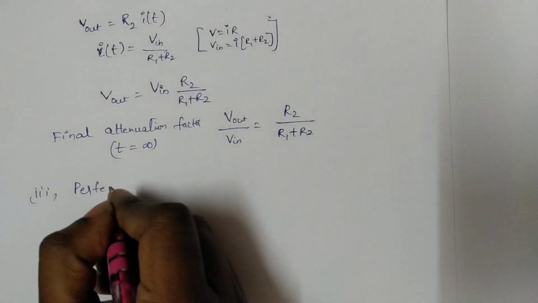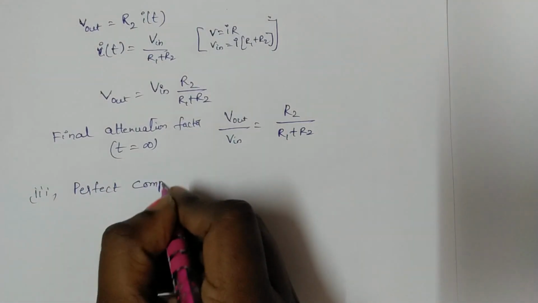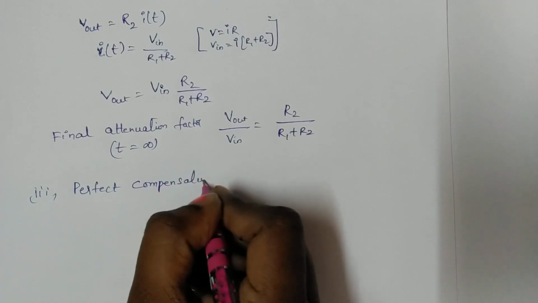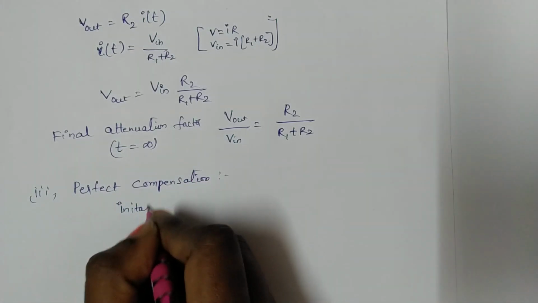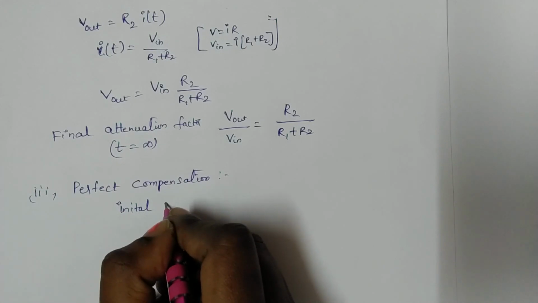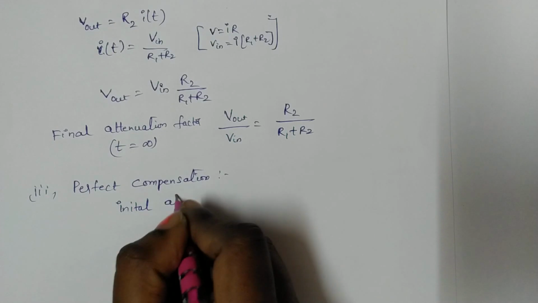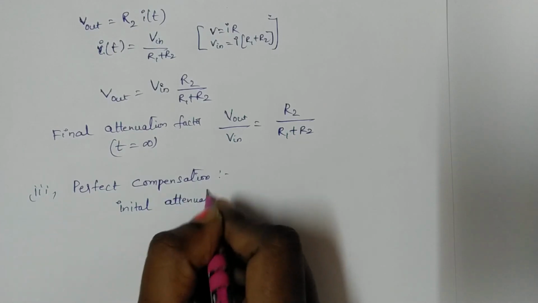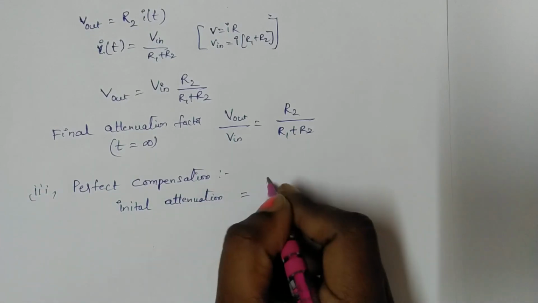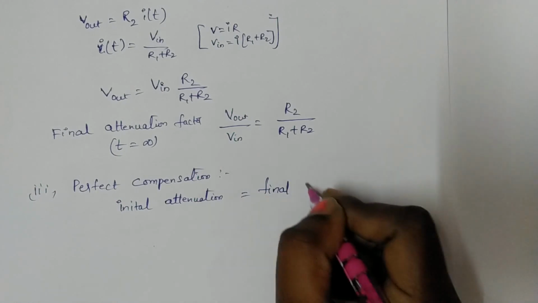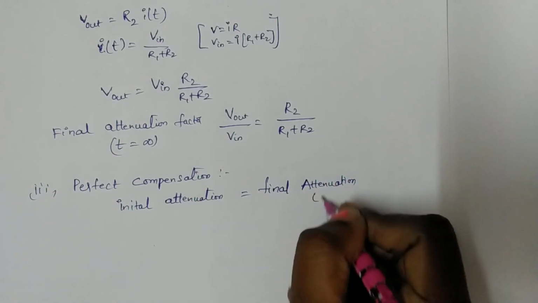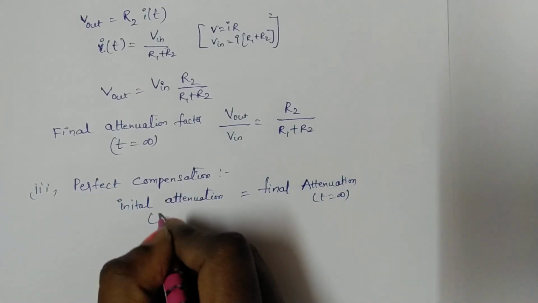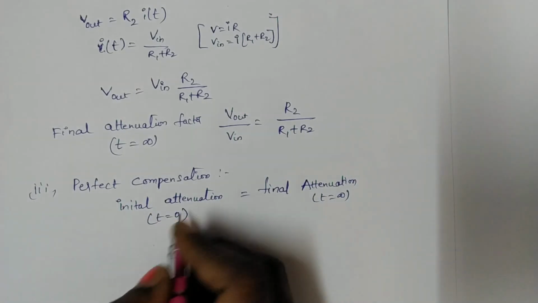For perfect compensation, the initial attenuation equals the final attenuation. The final attenuation means t equal to infinity, and the initial attenuation is at t equal to 0.